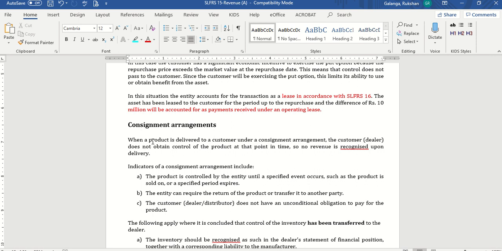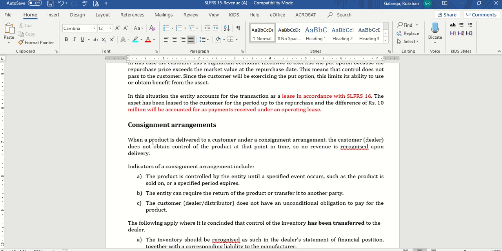That means, for example, if X is selling its goods on a consignment basis to Y, X can't recognize the revenue because Y is not the end user. He needs to sell that to a third party under the consignment arrangement, right? So what are the indicators of this kind of consignment arrangement?